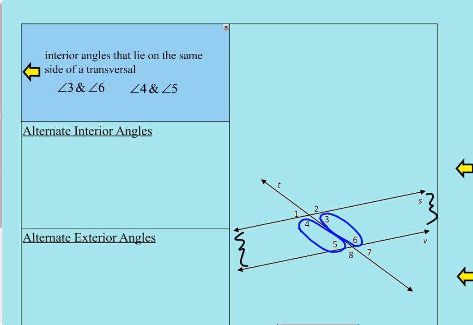Those two are consecutive interior angles. What you want to remember is that those are going to be supplementary. Supplementary means that they add up to 180 degrees.